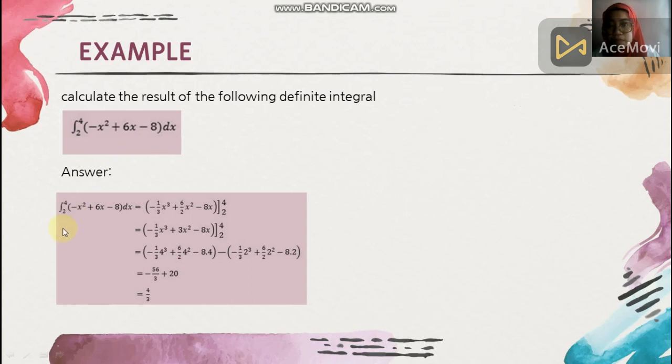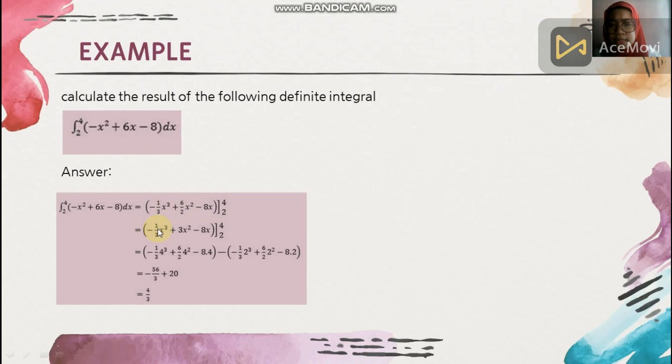Answer: the integral from 2 to 4 of (minus x squared plus 6x minus x) is equal to minus x cubed over 3 plus 6x squared over 2 minus x.